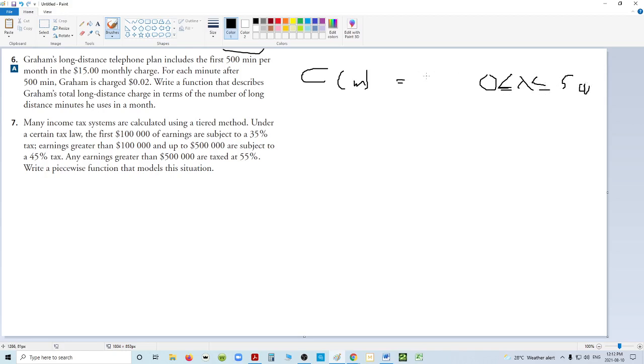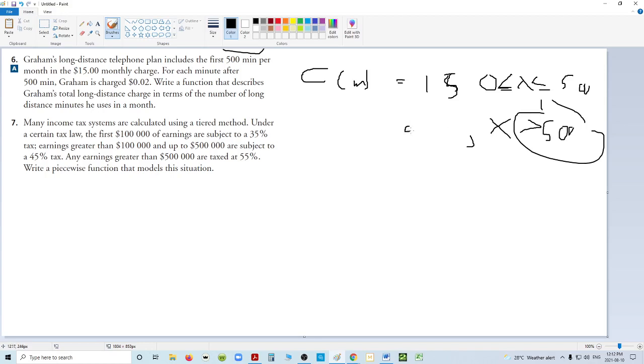His cost is a flat rate, $15. When x is bigger, not including, because you got to decide whether the 500 minutes goes with this charge or this charge, and since they say for each minute after 500, I'm going to say it's bigger than 500, he is charged 2 cents on top of that.